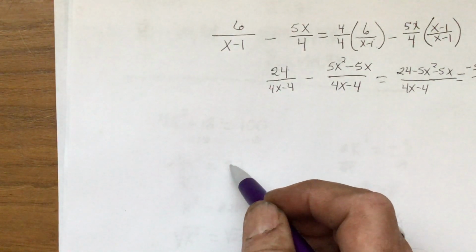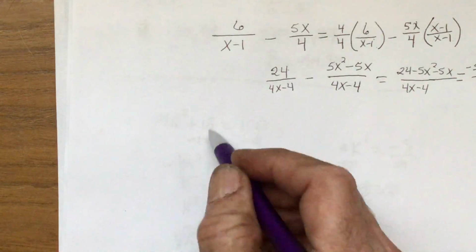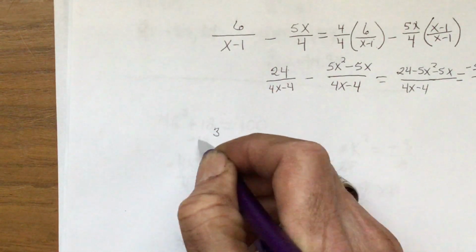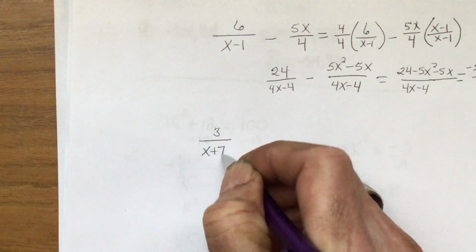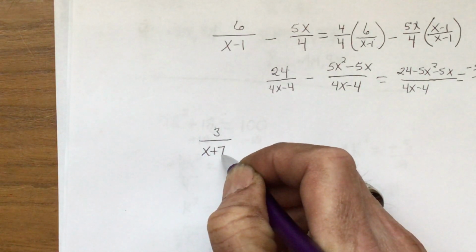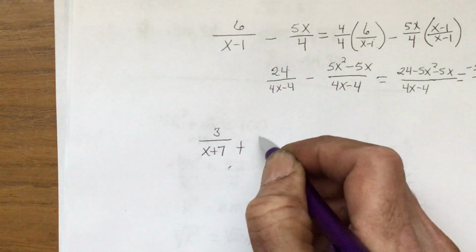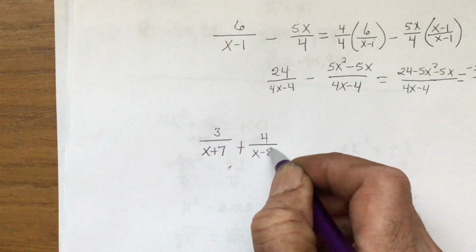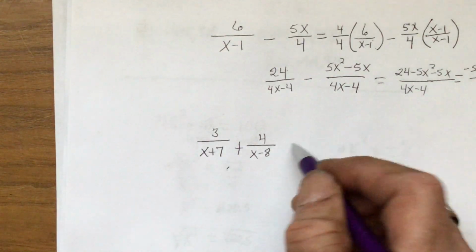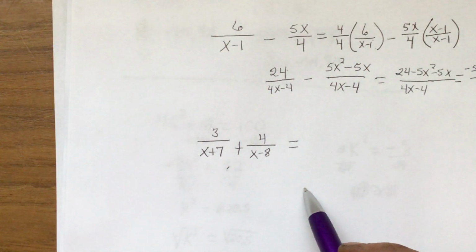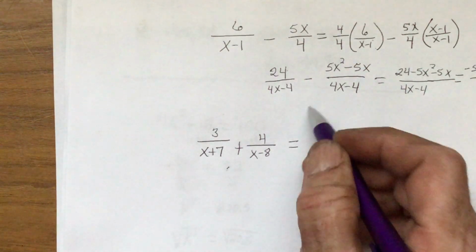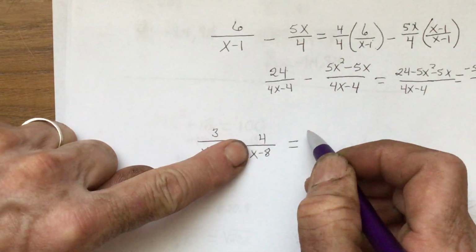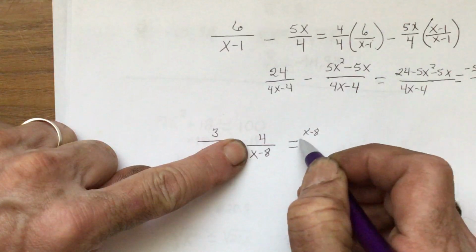Another one, number 9 on your worksheet. It's 3 over x plus 7 plus 4 over x minus 8. All right, here we go. First fraction, the top and the bottom both are going to get multiplied by x minus 8.